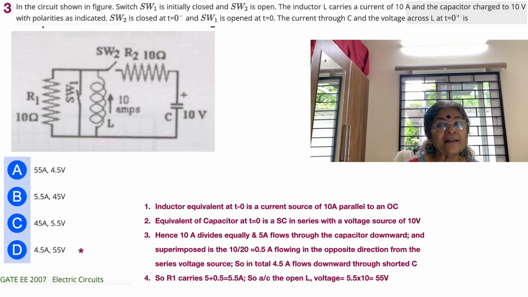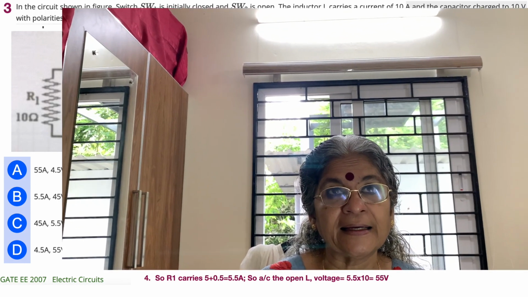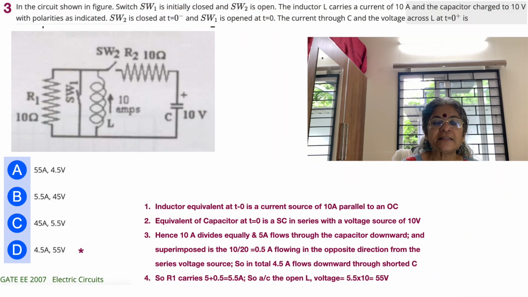And another important aspect: of course it is ideal, but the ideal condition is that this energy will not get dissipated at all, because there's no resistance. The switch is supposed to have zero resistance, though it is never so. So the 10 amps continues to flow without any lessening of this amount. S1 is initially closed and SW2 is open.